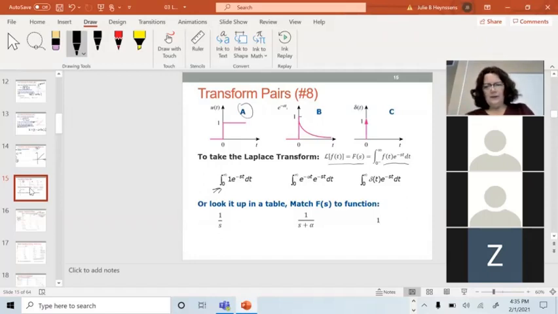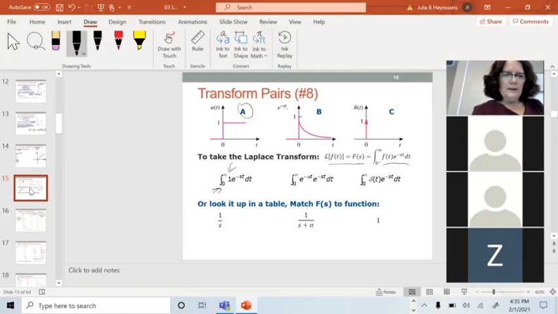At time t equals 0 to t equals infinity, that function is 1. So I can replace the u of t with 1, and I'm integrating e to the minus st. I may actually do that integral from 0 to infinity.